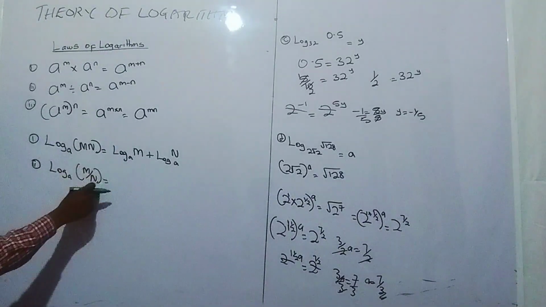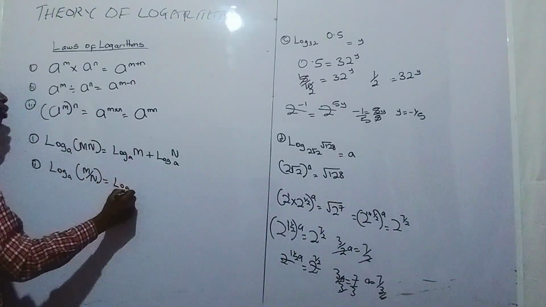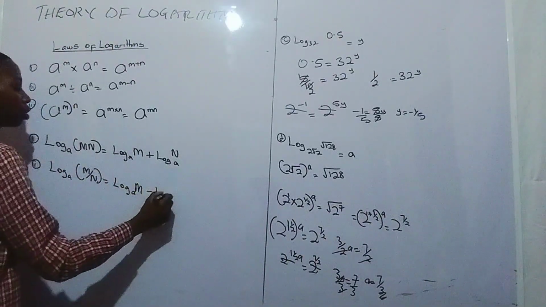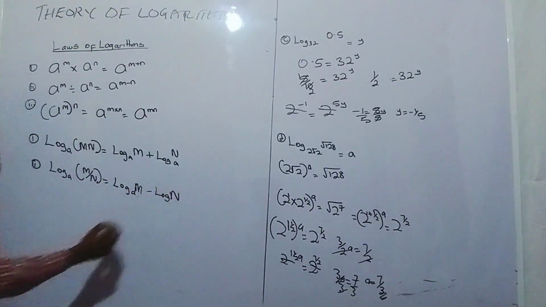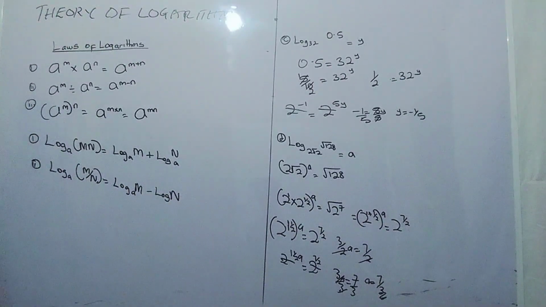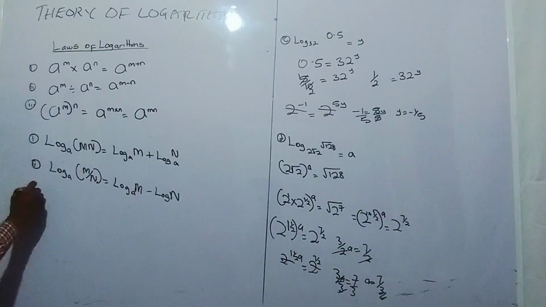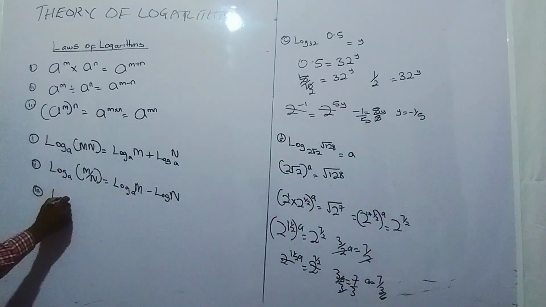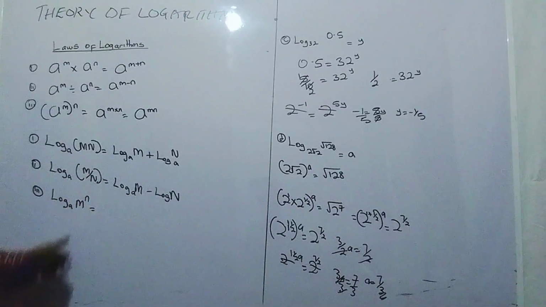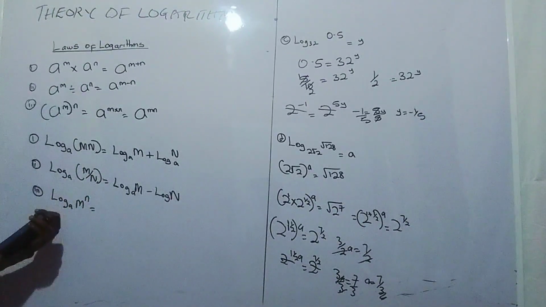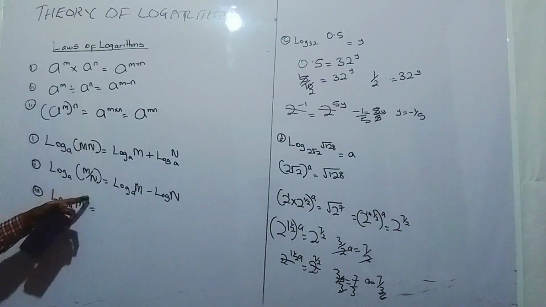So that's it. Then for the second one, we have log to the base a of m over n. They are dividing each other. Division in logarithm is subtraction. You just take the common base. As for the third one, log m to the base a, raised to power n.